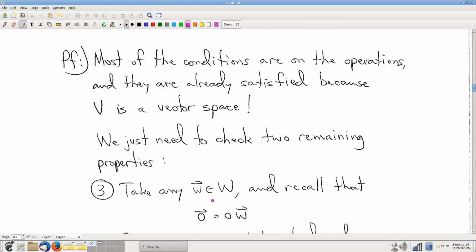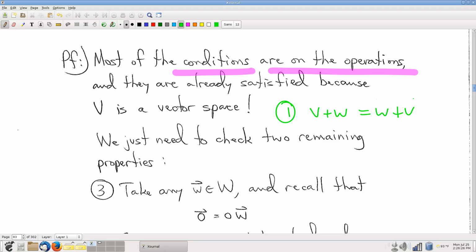The proof is the observation, mostly, that the conditions that one would think you'd have to check, those 8 conditions, are conditions on the operations. Those are conditions on, for example, how plus works. So requirement number 1 was that v plus w has to always equal w plus v. Well, how do I know this is true? Because I already knew it was true. By assumption, we're using operations from the existing known vector space V, for which our plus is the addition operation.